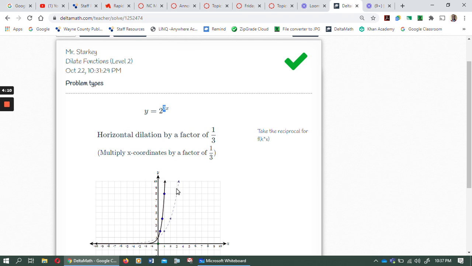So for this one we multiplied the x coordinates by a scale factor of 1/3. I took this point with the x value of 3, and when you multiply 3 times 1/3, you get 1. So the x value changes from 3 to 1.